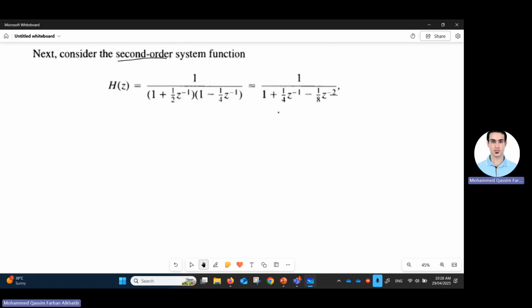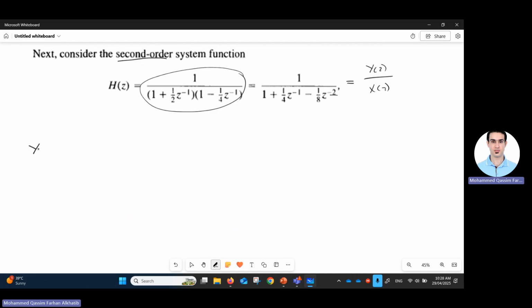So in this case, you have this system, and if I ask you to draw the block diagram, let's assume this expression was not there. Assume this one was the only expression given to you. You have to distribute the multiplication, and you should know that H of z equals Y of z over X of z. Then you multiply.